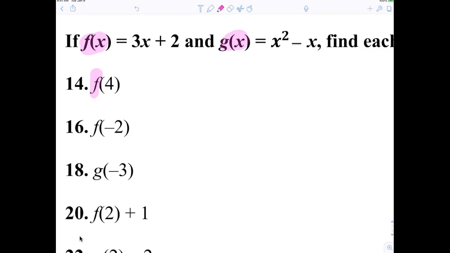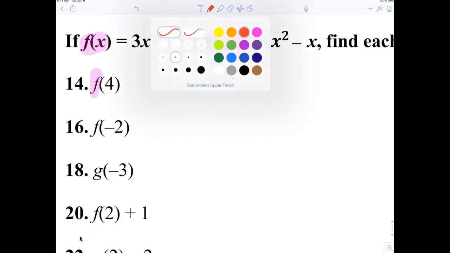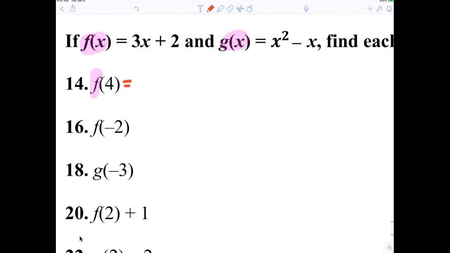So right on here, I want everybody to put f of 4 equals 3 times 4 plus 2. And if you can do that mental math, I'm happy. What's 3 times 4 plus 2? 14.